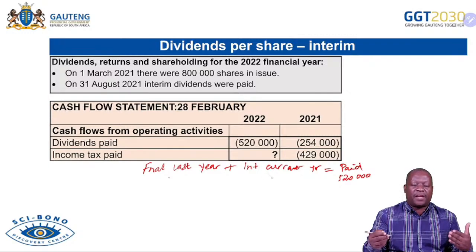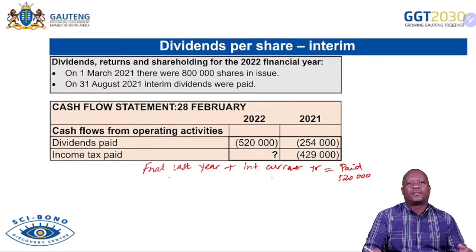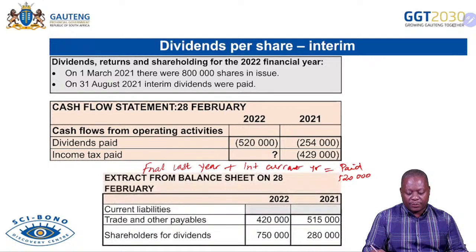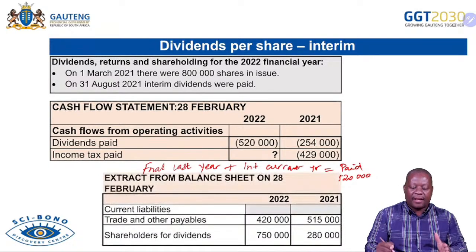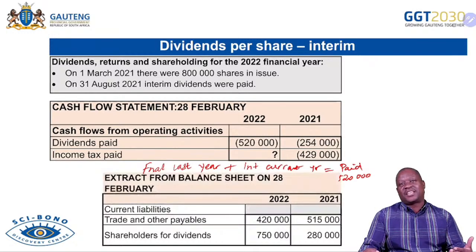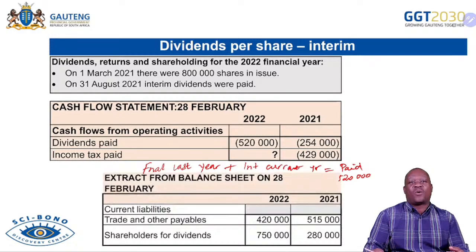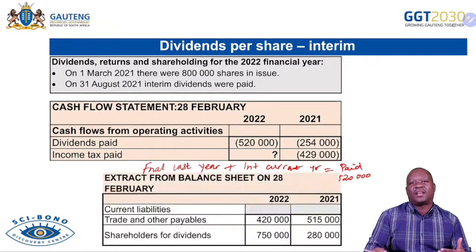So let's see if they are giving us any additional information. There we are. Bingo. We are given an extract from our balance sheet. Shareholders for dividends. You still remember this item under our current liabilities. What does shareholders for dividends indicate?